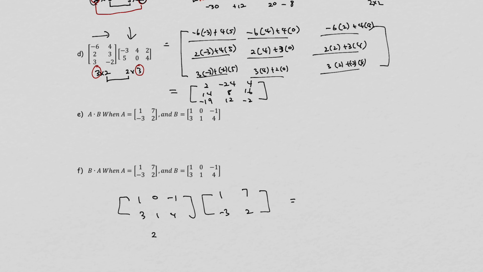This is going to be a 2 by 3 matrix. This is a 2 by 2 matrix. This is not the same. So we cannot do multiplications. Okay? Because these two numbers have to be the same in order to do the multiplications.